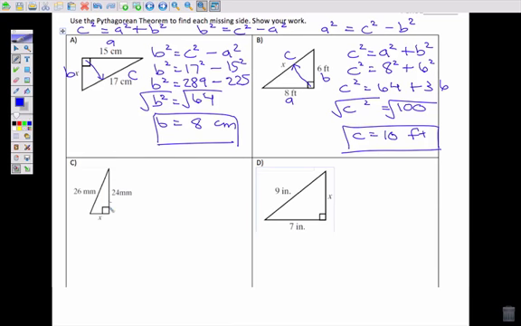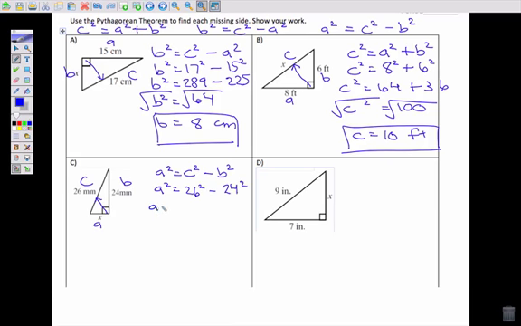Okay, on this one, label my sides. Across from the right angle, that's my C side. I am going to call this one A and this one B. So if I'm trying to find A, I'm going to say that A squared is equal to the big one, C squared, minus the other small one. So A squared is equal to C squared minus B squared. So then A squared is equal to 26 squared minus B squared, which is 24.